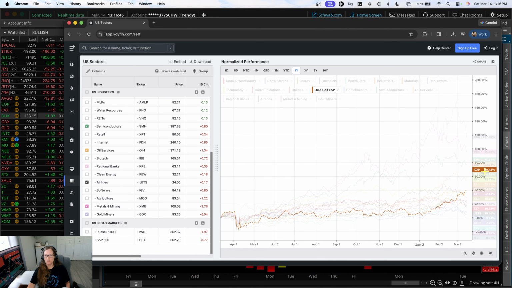But what's also important to note, if I hover over this and you look at the chart, you can see the energy just really consolidated from April of last year all the way until January of this year. So for about 8 or 9 months, energy just sat stuck.